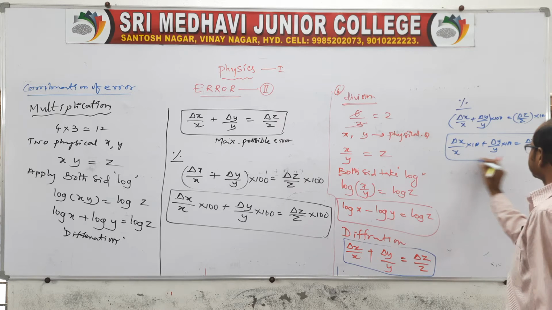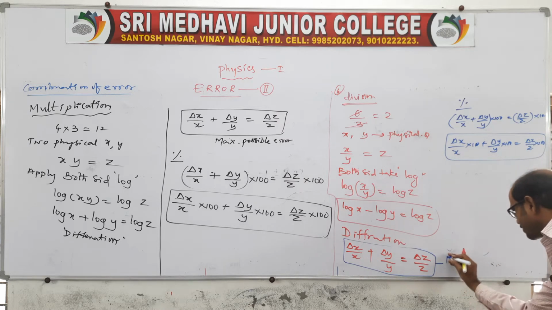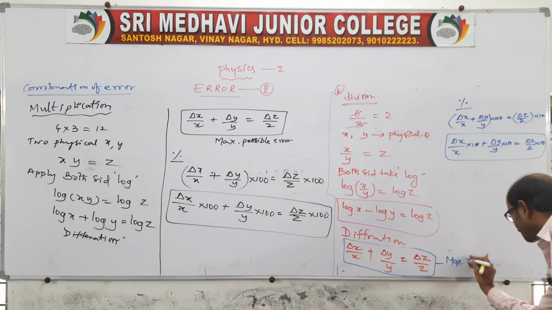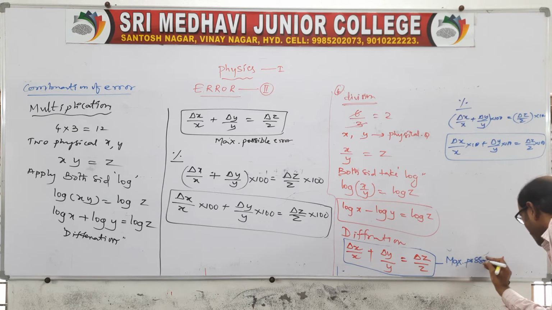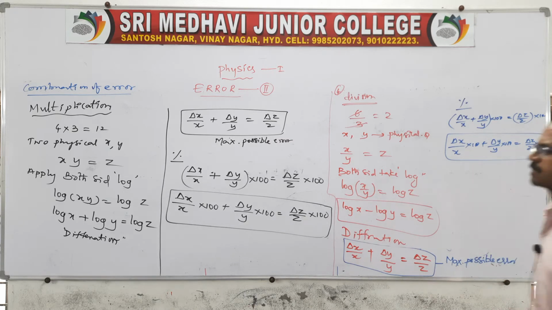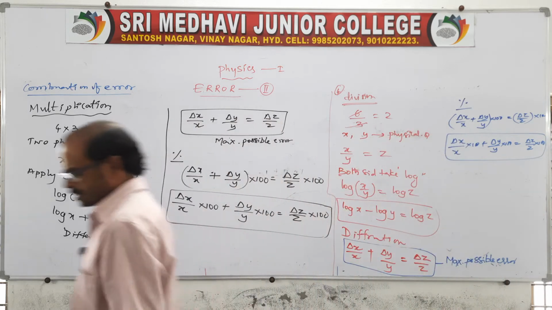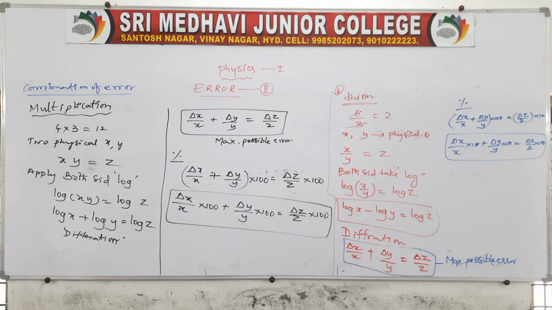So this is the percentage error, and this we can say is the maximum possible error. Okay, these are the multiplication as well as the division. Now go through that, then I'll give you one problem based on this.